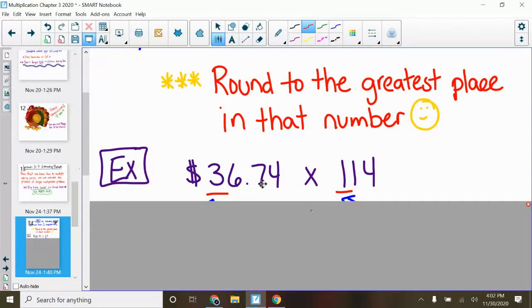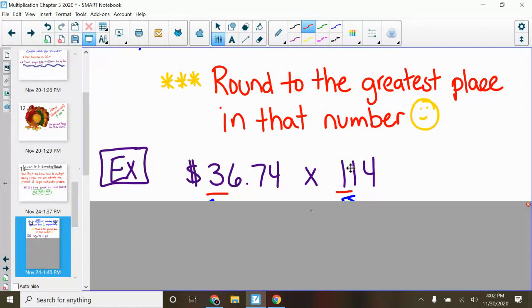And for whatever reason, we wanted to buy 114 of those things. I want to know, how much money is that going to cost me? About how much money am I going to spend?